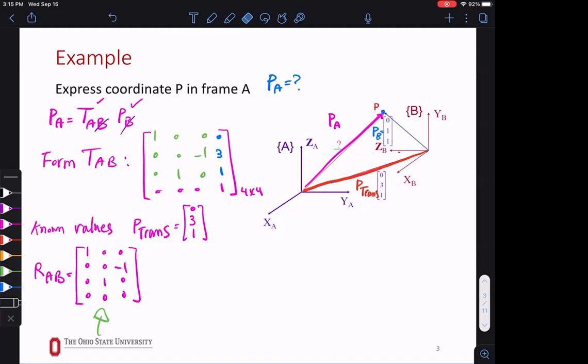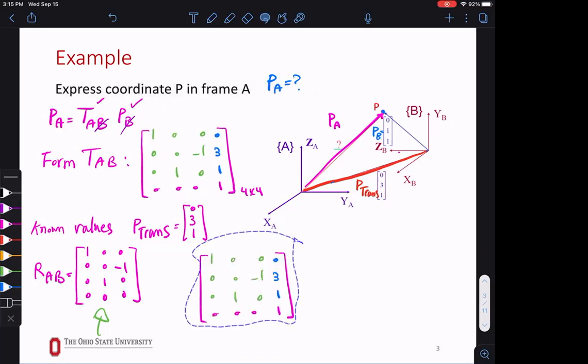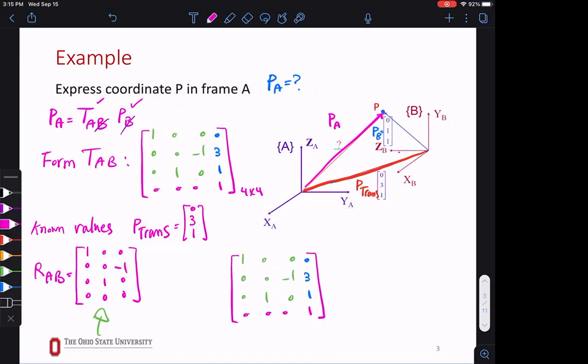So we have TAB. We also have PB. All we have to do is multiply these together and find PA. Now, if you do that, let me be lazy. PA is going to be this multiplied by PB, 0, 1, 1.